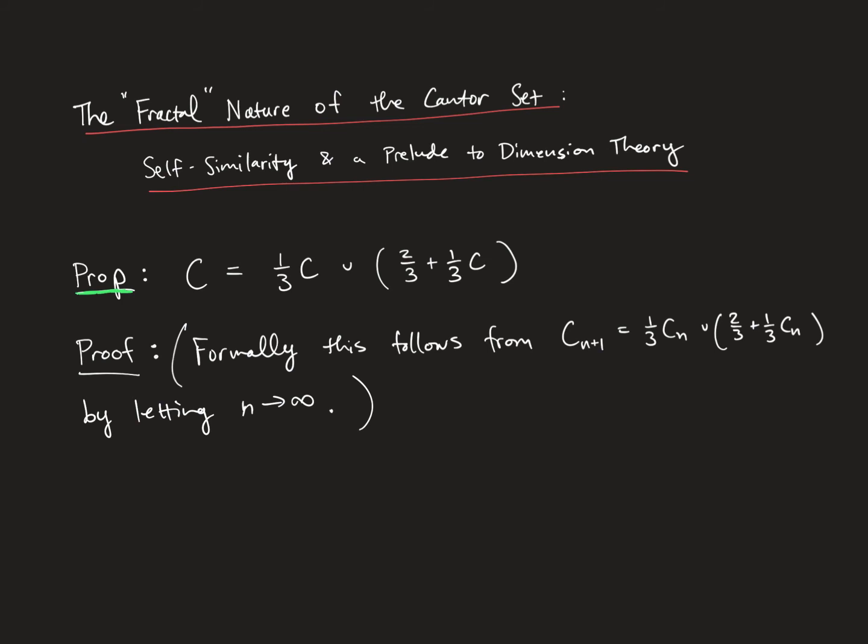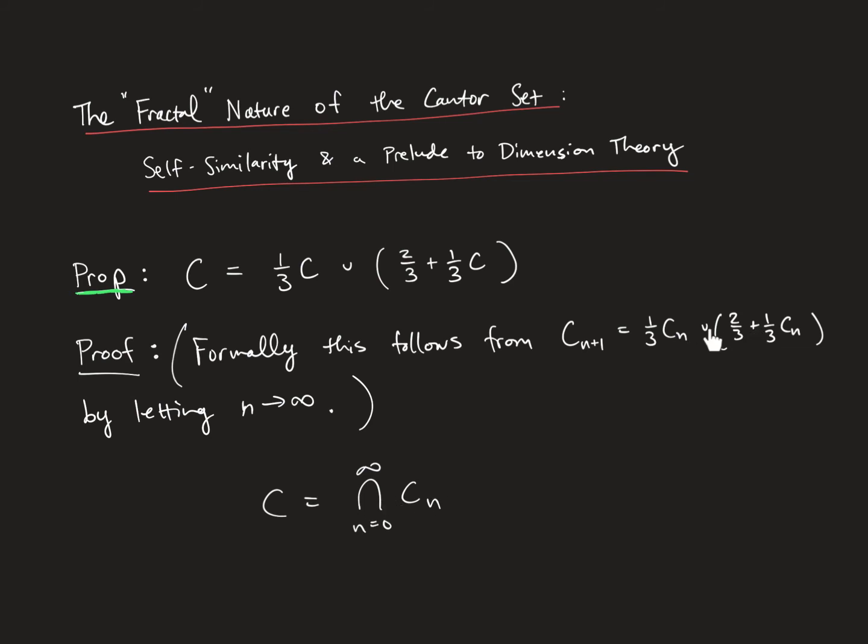It turns out to be kind of difficult. A natural thing to do to prove this would be to use the fact that C is an intersection of all of these things, so C is the intersection of these C_n's, and then use this equation to turn the C_n's into C_{n-1}'s, and then you have intersections of unions.